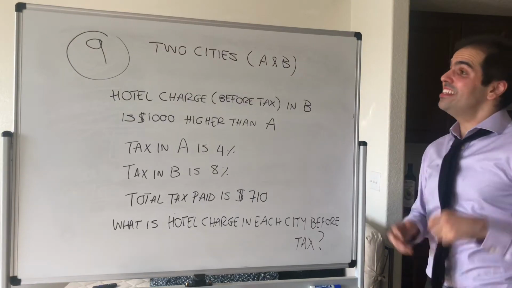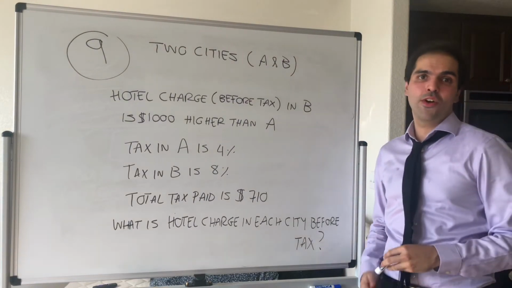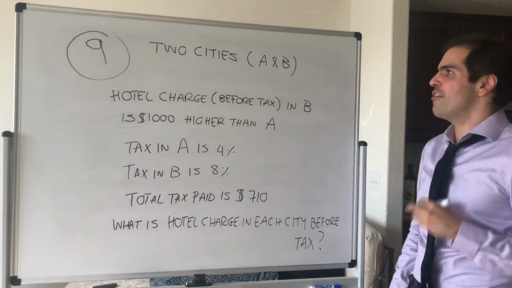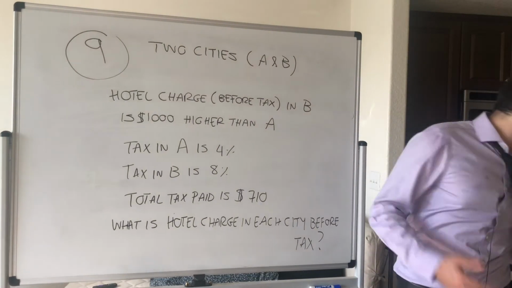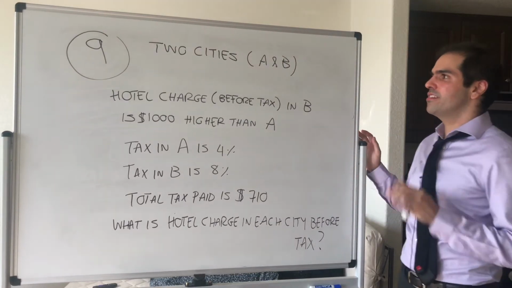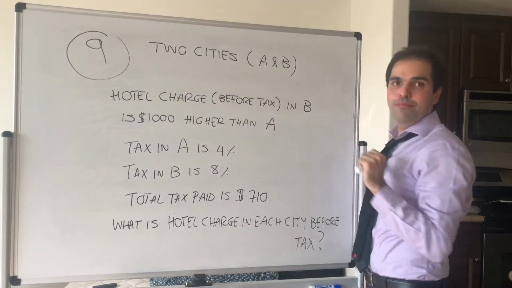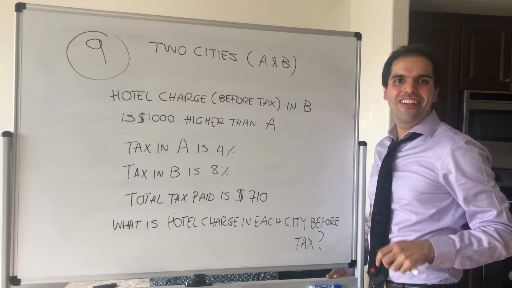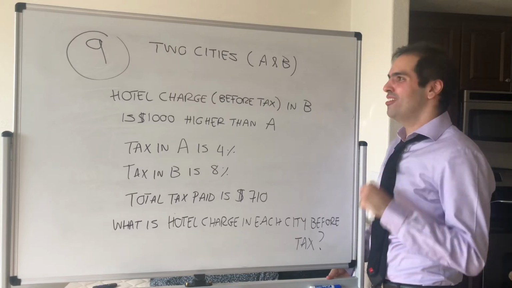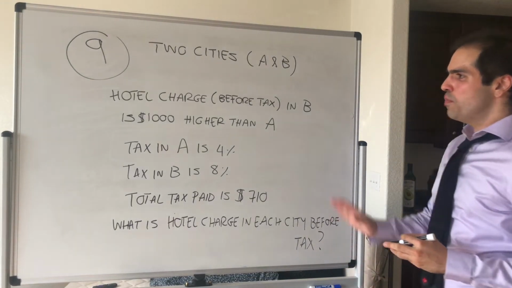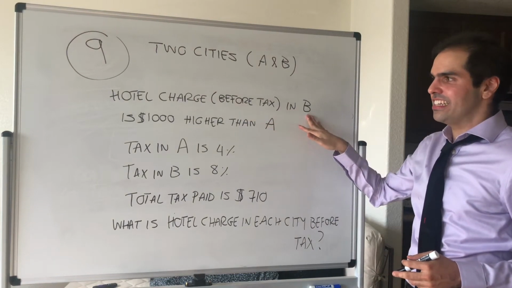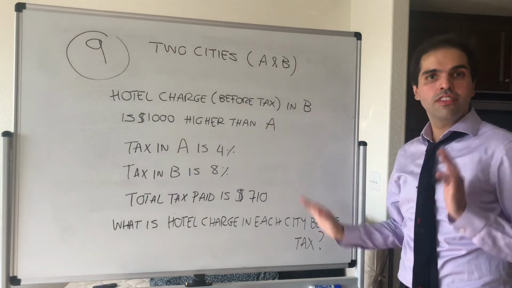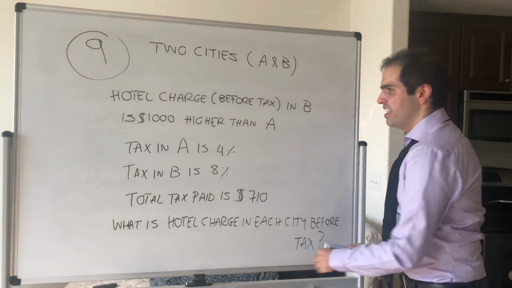All right, so the next 3 problems, unfortunately, are word problems, but they're still very important. So, suppose that there is a theater group that makes appearances in 2 cities, A and B. I like to call them Peyamgeles and Algebraville. And suppose the hotel charge before tax in the second city is $1,000 higher than in the first city.